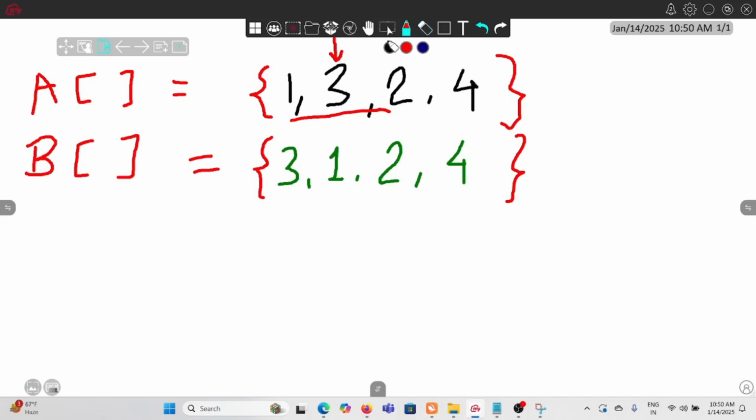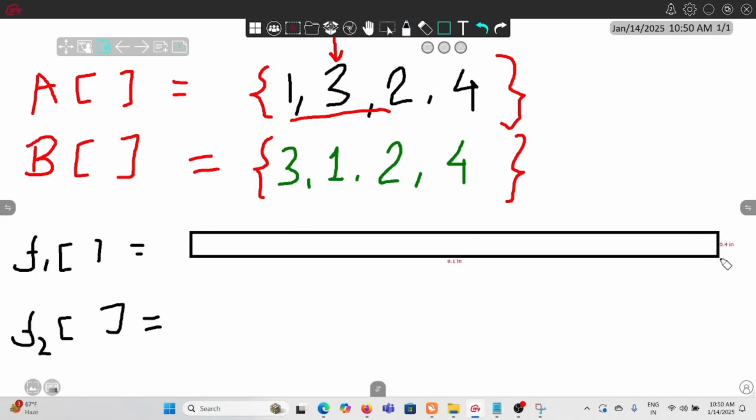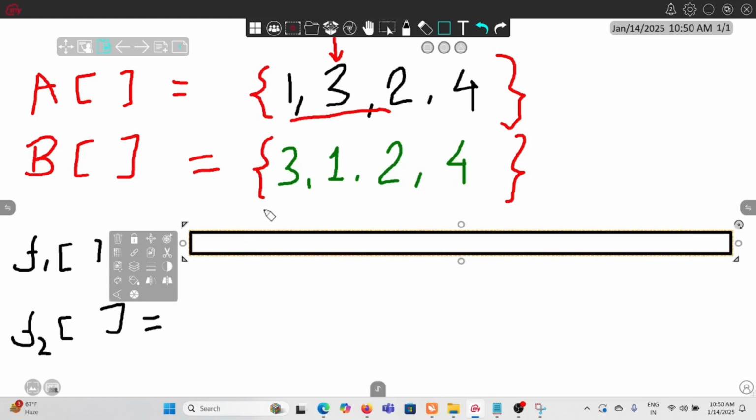For example, let's call it F1 for the frequency of the first array, and F2 for the frequency of the second array, which is the B array. These are of size 51, not more than that. As I told you, we want to keep track from 1 till 50.